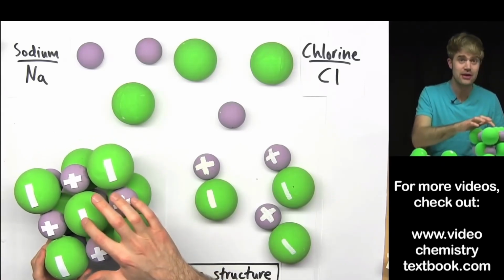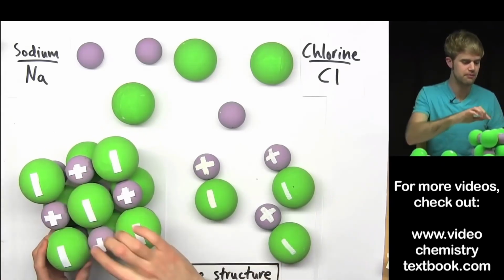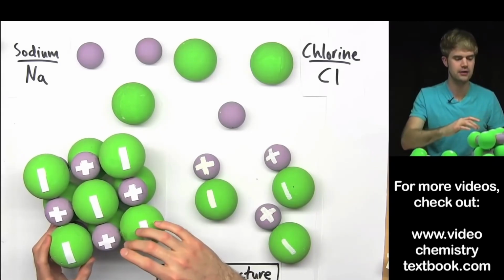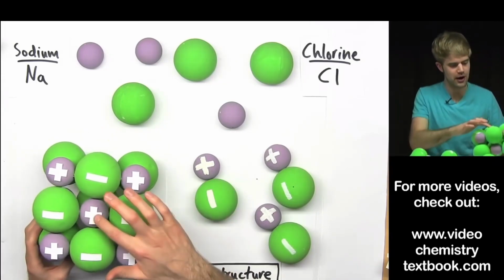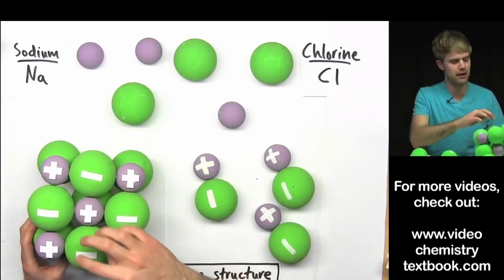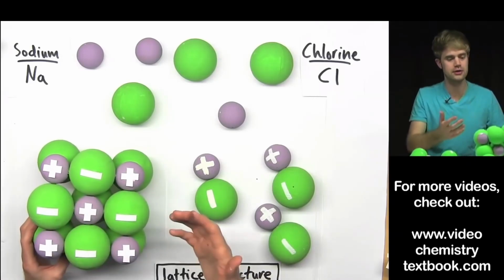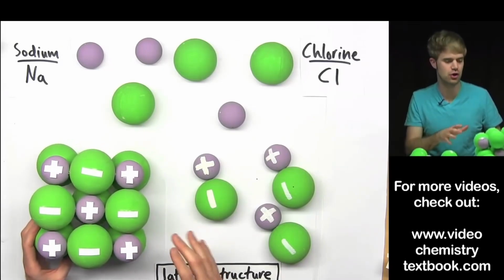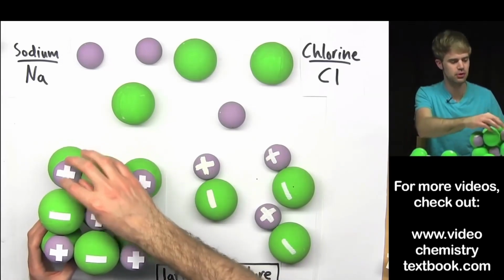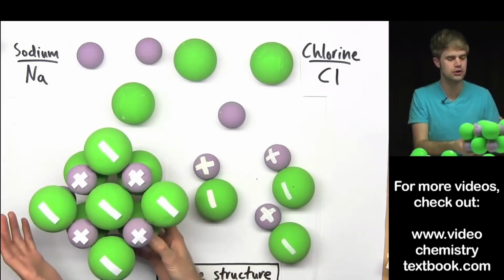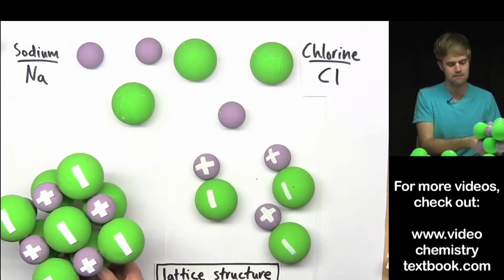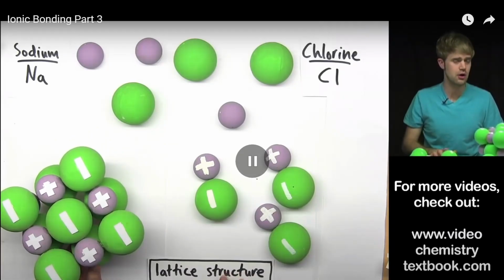Here we have a negative ion, and it's surrounded by 4 positive ions because they're all attracted together. And over here, we've got a positive ion that's surrounded by a whole bunch of negatively charged ions. And just in general, through the lattice structure, we alternate plus, minus, plus, minus, plus, minus, because all of these opposite charges are attracting together to make this lattice structure.